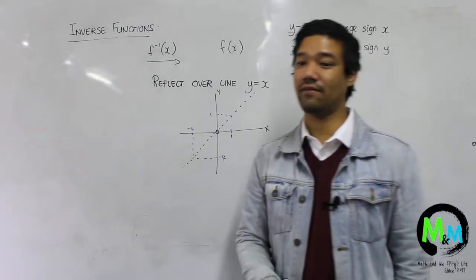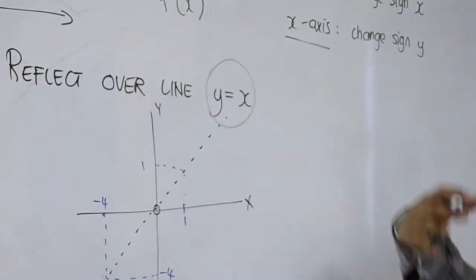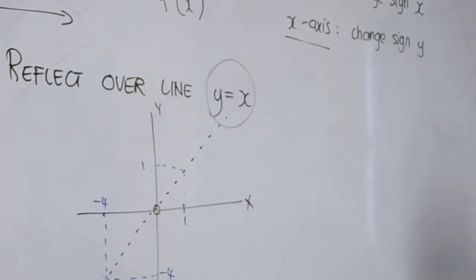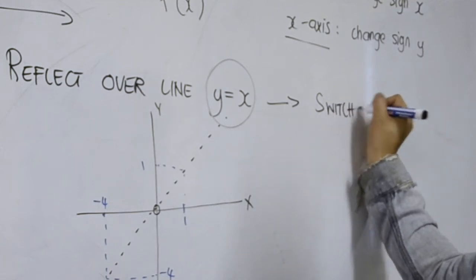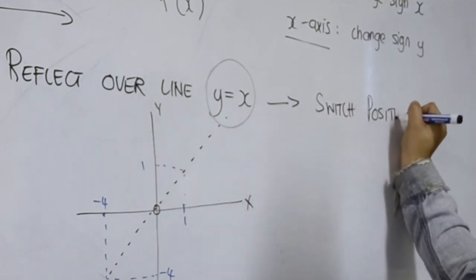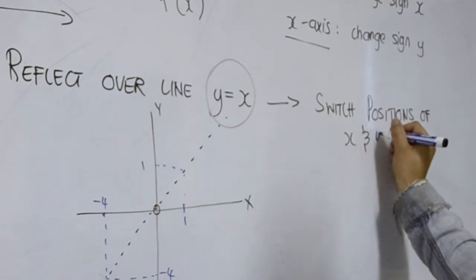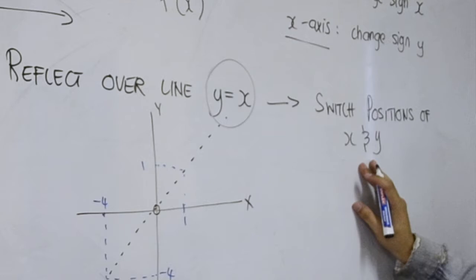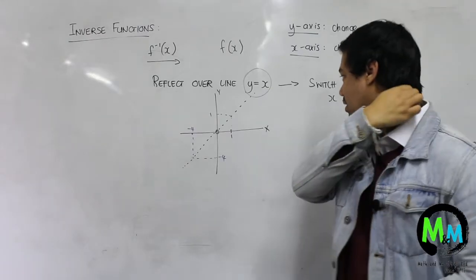Now when I find the inverse and reflect over the line y is equal to x, we switch the positions of x and y in my function. I'll do a quick example of that.